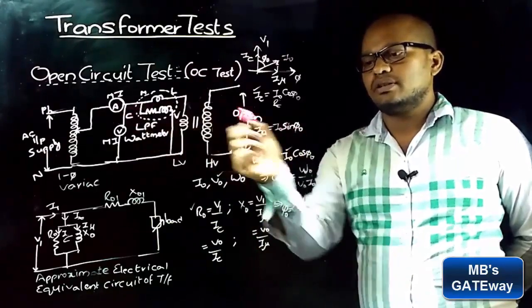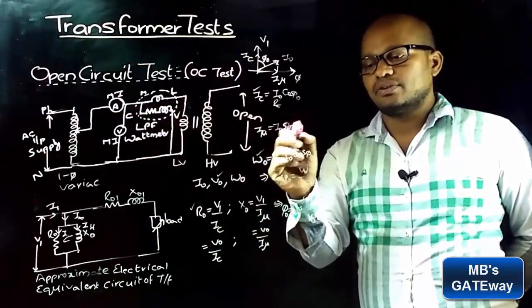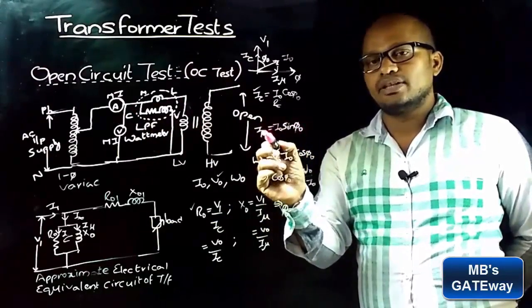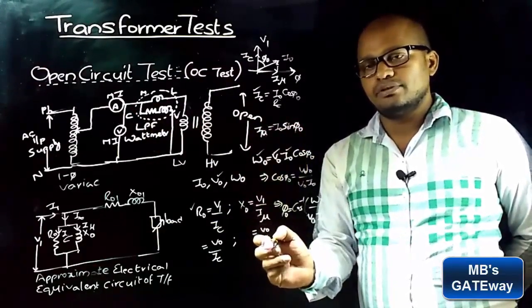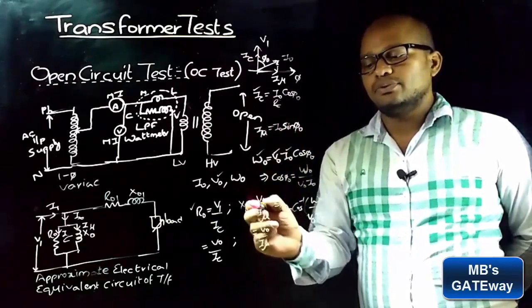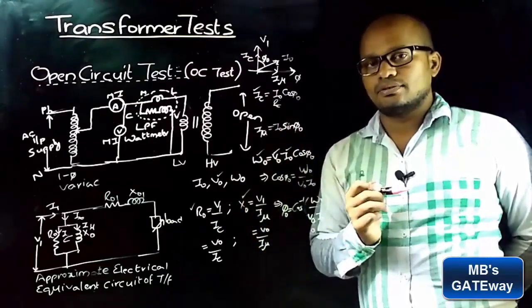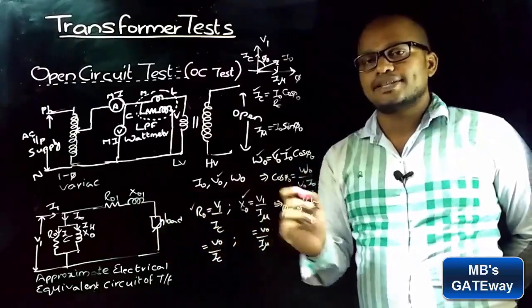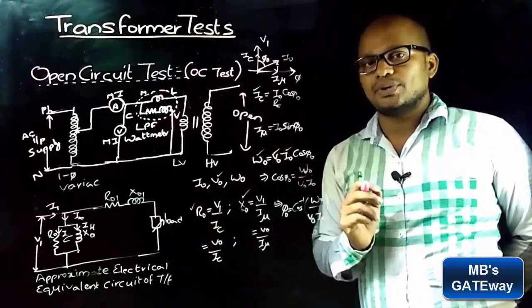I naught is the ammeter reading, and sin phi naught is found by applying phi in this. So we will get I mu. Place this I mu here, and V naught by I mu will give you X naught. So this is how the shunt branch elements R naught and X naught are found from open circuit test.